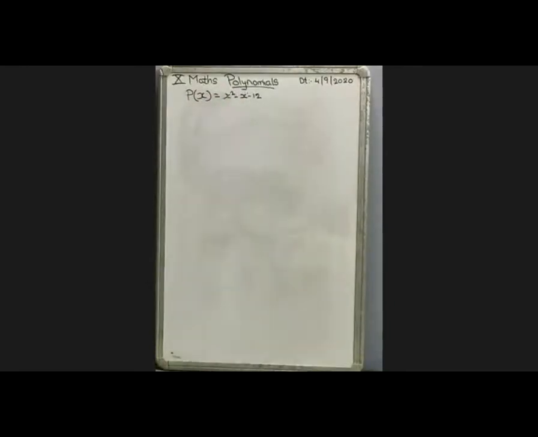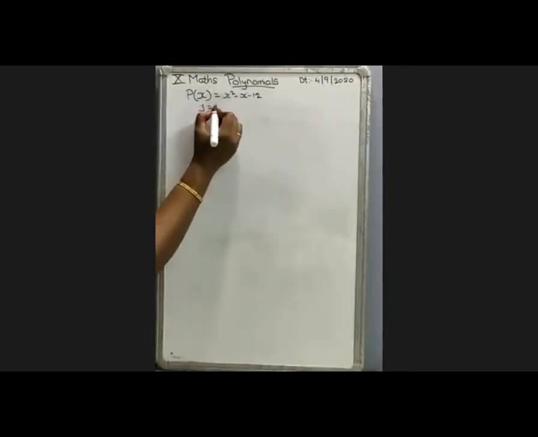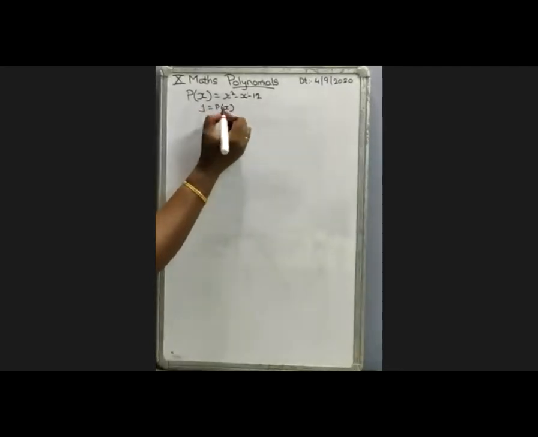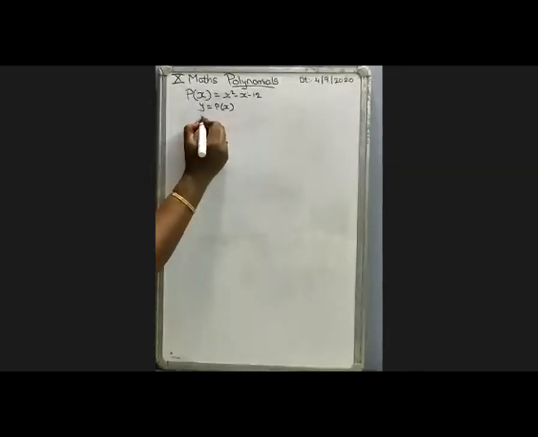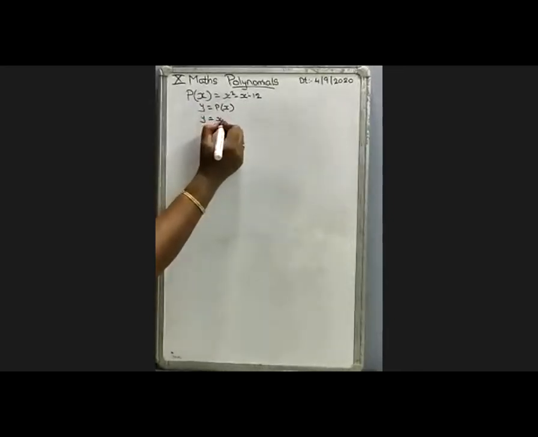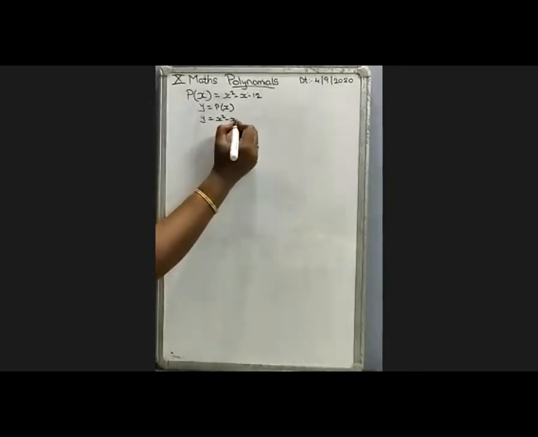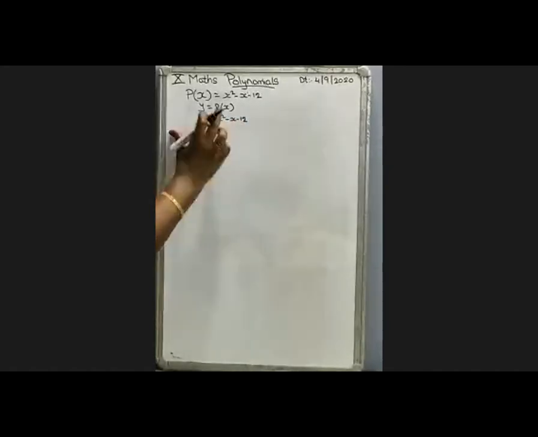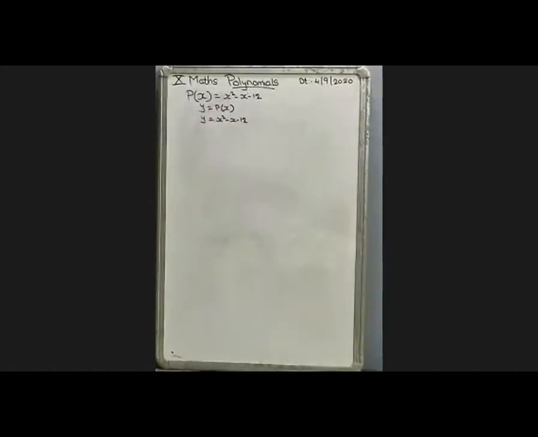So P of x equal to x square minus x minus 12. Actually in the previous class we discussed y equal to P of x. Yes or no? Here y equal to x square minus x minus 12, means P of x is nothing but x square minus x minus 12.